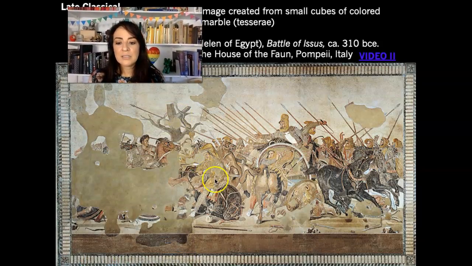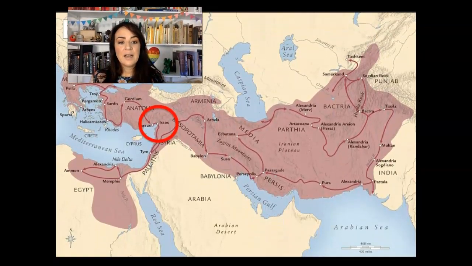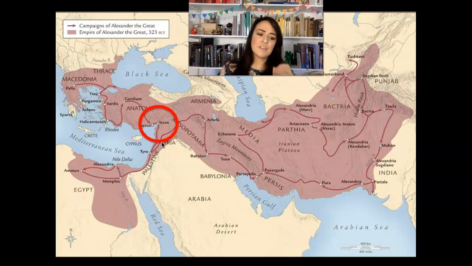Oh my goodness gracious. This was a real battle that really happened, and it marked a turning point in Alexander's control over or defeat of Persia. It happened here, right in this corner. And at the time, the king of Persia still maintained control over the Persian Empire, and he decided to have a battle with Alex on the Turkish peninsula, on the Anatolian peninsula.